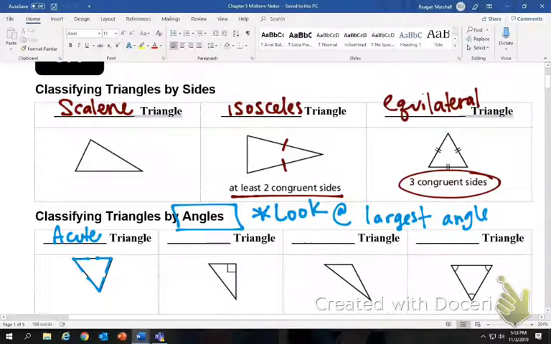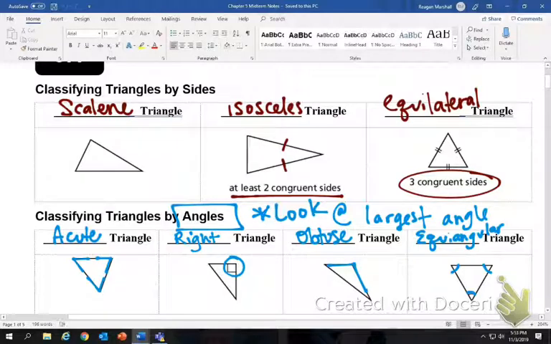They're all less than 90. This next one, the largest angle is the 90-degree angle, which would be a right triangle. This next one, the largest angle is obtuse, which makes it an obtuse triangle. And then the last, all of the angles are congruent, which makes it equiangular.